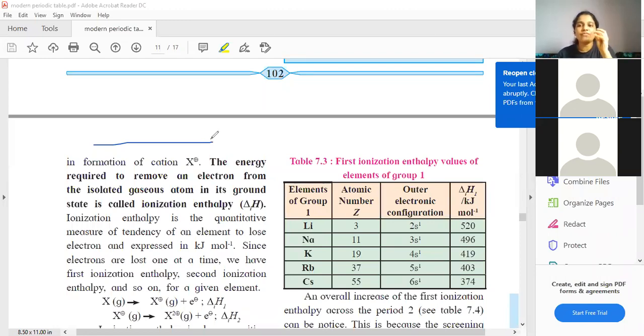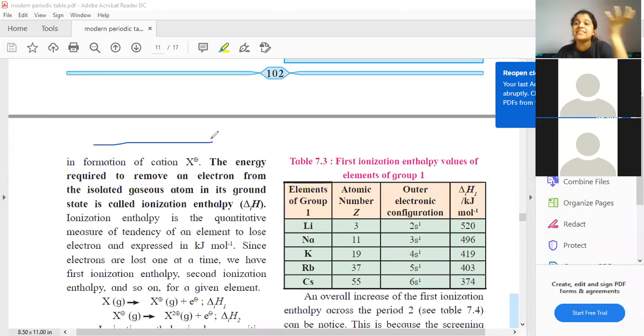So if you have to find the ionization enthalpy of some atom, the first condition is that the atom should be an isolated gaseous atom. Students, isolated means it should not be combined with anything. It should be just an individual atom, not in combination like Cl2 or F2. It should be alone, and it should be in gaseous state.